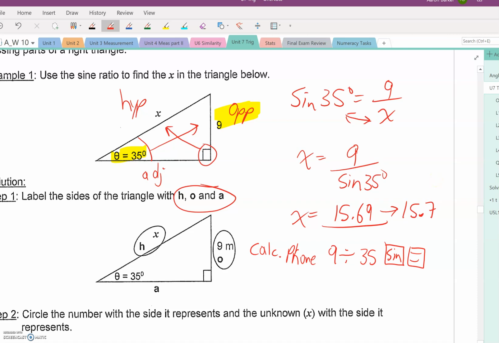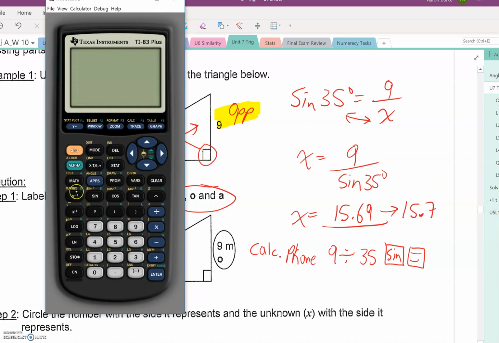Now, if you have a calculator where you see the words on the screen, like my graphing calculator, you type it in exactly as you see it. 9 divided by sine 35. And then I press equals. Boom. Oops, I am not on degrees. I must check. Wait 1 second. Okay, so now I'm on degrees in my calculator.